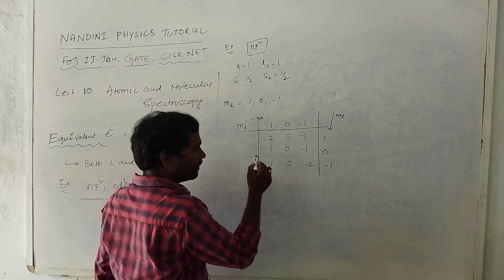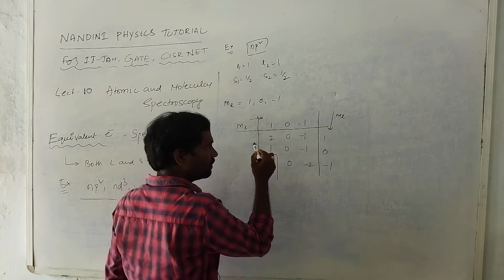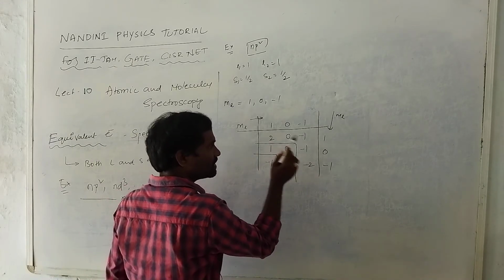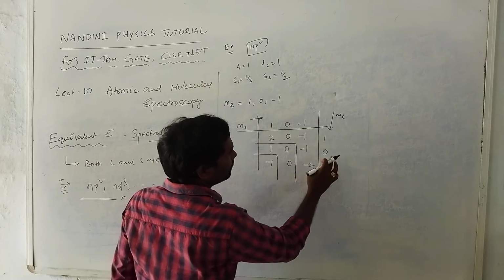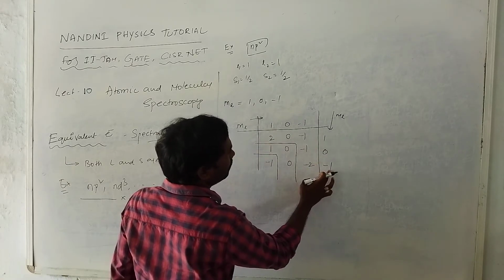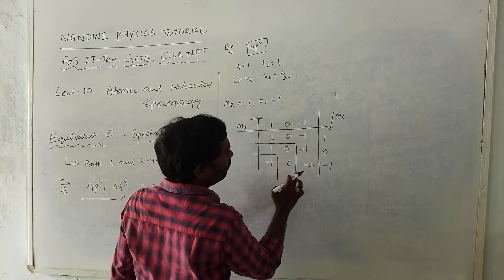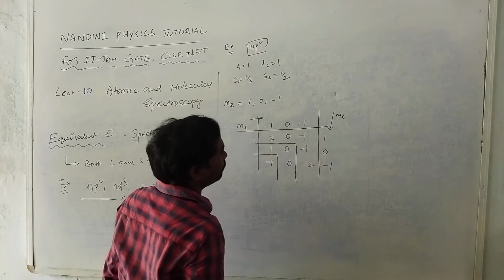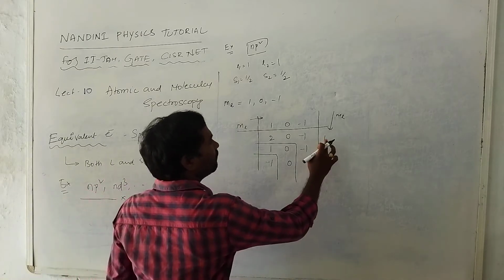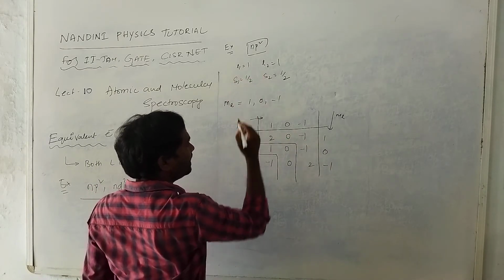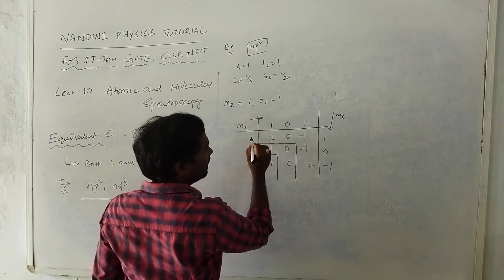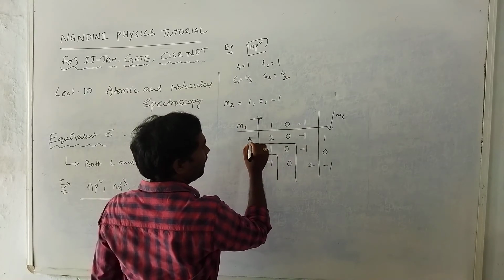Taking boxes like this, minus 1, 0, and plus 2, sorry, this is plus 2. These are the possible values of the states, which represent L equal to 2.